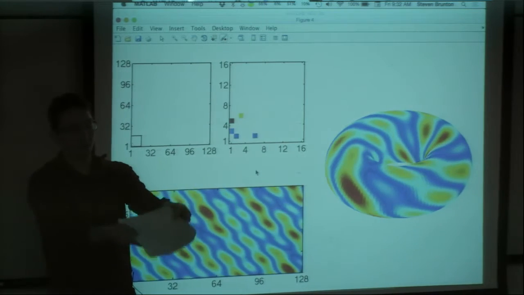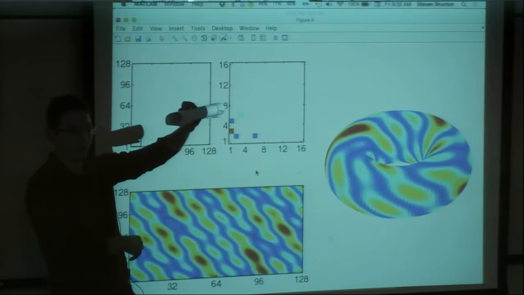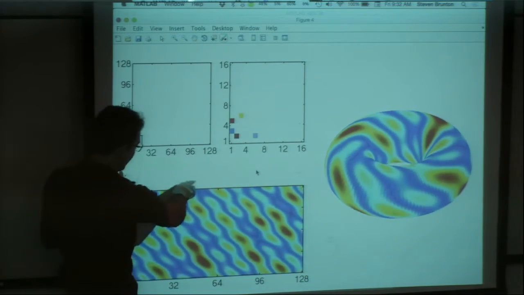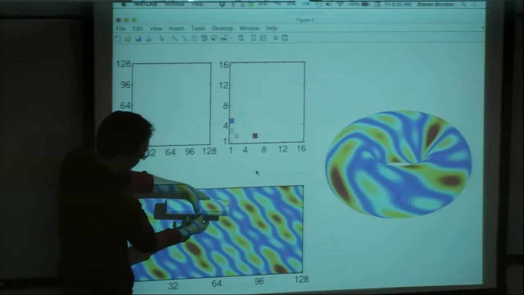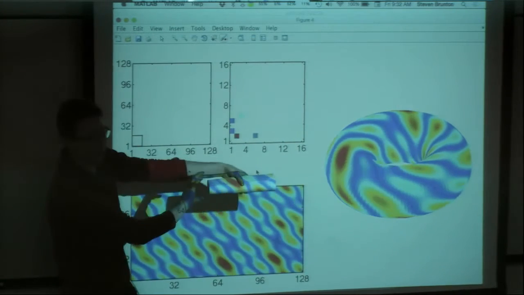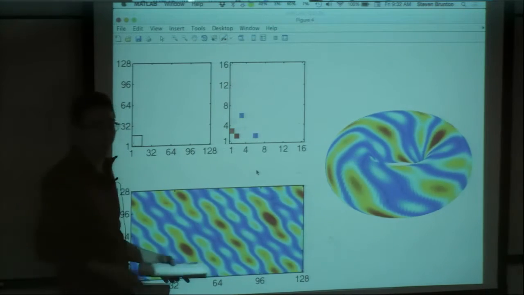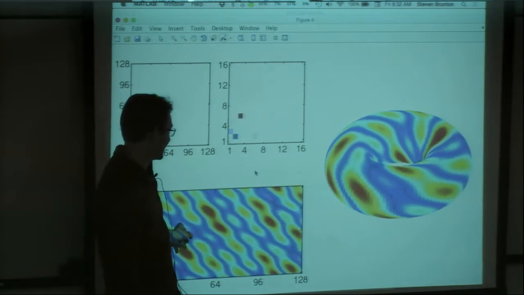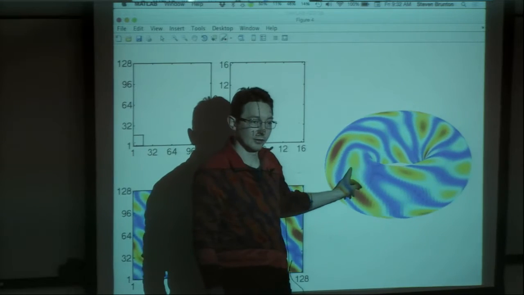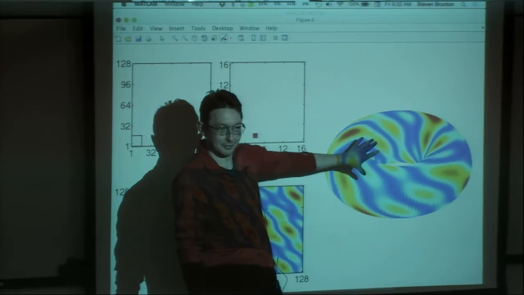And so if you imagine taking this rectangle and gluing together the top and the bottom, you get a tube. Right? And then if I glue this side to this side, I turn it around, I get a donut. Okay, so if I have periodic boundary conditions top and bottom, left and right, then I map my spatial domain onto a donut. So this is super esoteric. These are make-believe weather patterns on a donut planet.